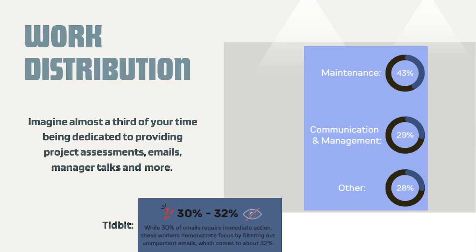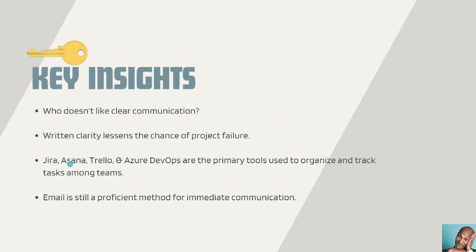That means you need to be dialed in, you need to understand what you're writing and receiving, and also dishing it out at that same pace and quality on a professional level. This kind of communication goes towards project assessments, emails, managers, talks with your coworkers, and Jira, which we will be covering soon.